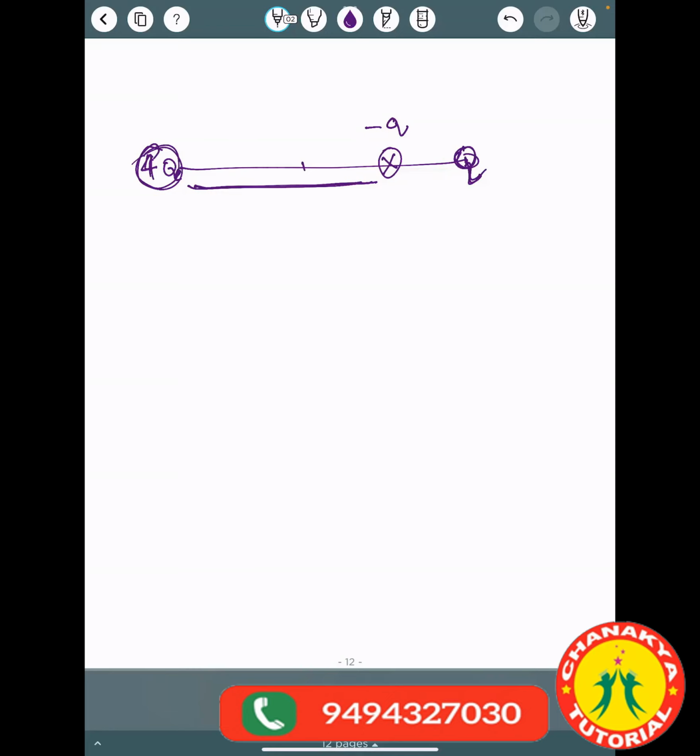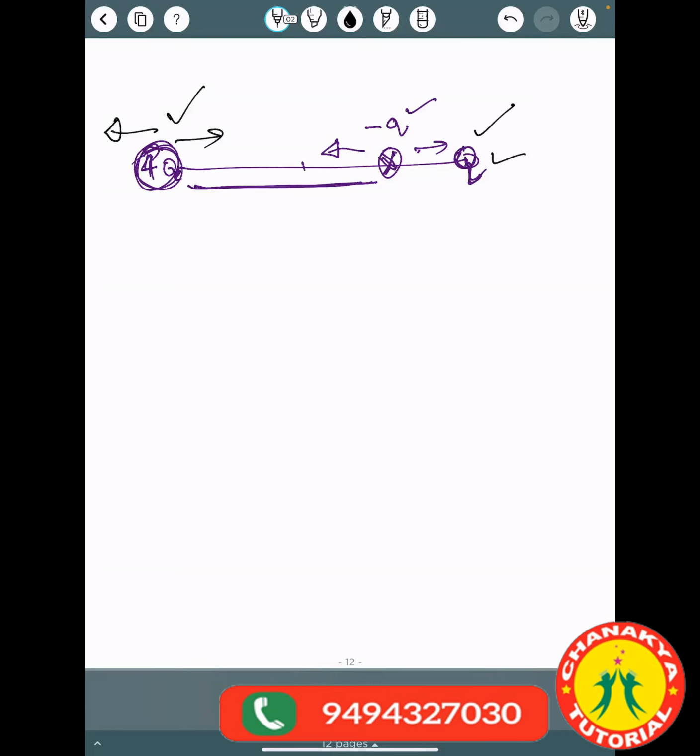Here it will be the equilibrium point, because 4q will pull it like this and q will pull it like this, and this will be in equilibrium. But if I check 4q, what will be the situation? This q will be pushing it like this, so minus q will be pulling it like this. So again, this will be in equilibrium. Same goes to this. Understood?